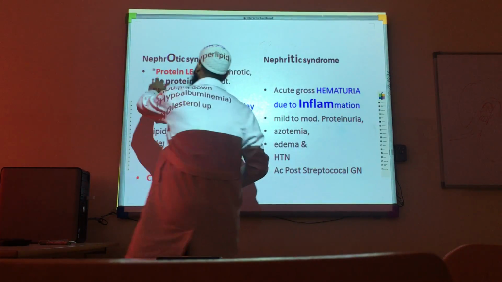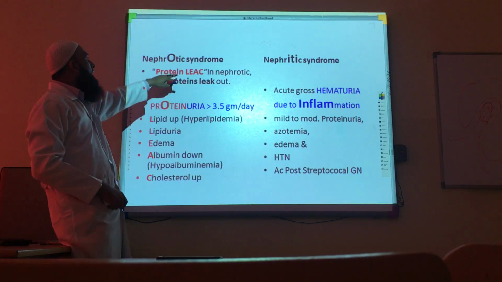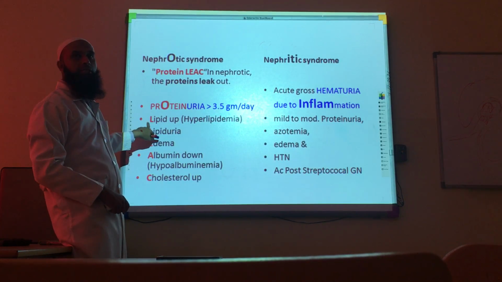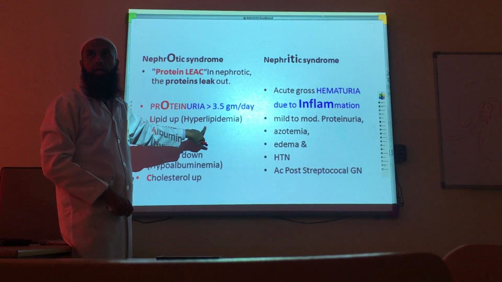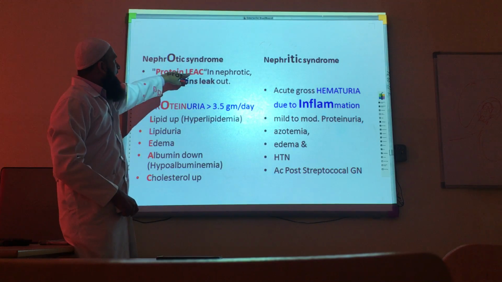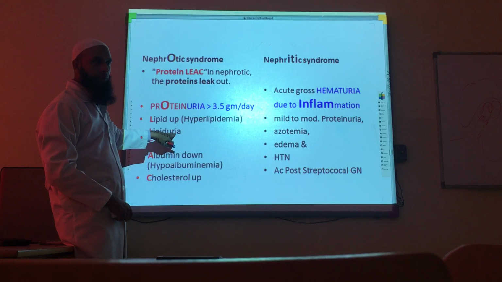What are these features? The P will tell that there is proteinuria, and L will tell that there is lipid up. It means there is hyperlipidemia. E means there are two actually: lipid up, hyperlipidemia, and there is lipiduria.